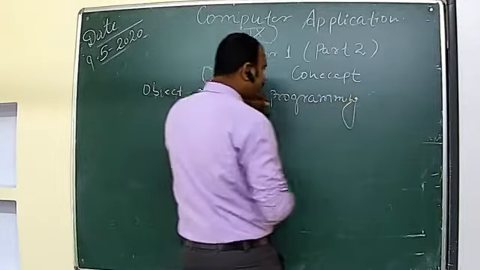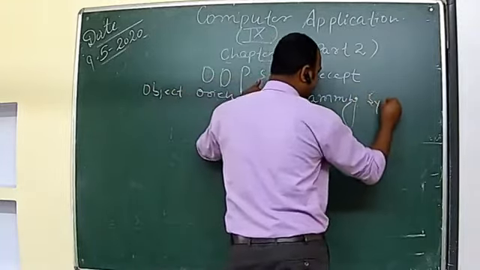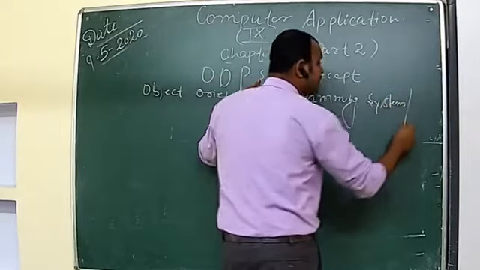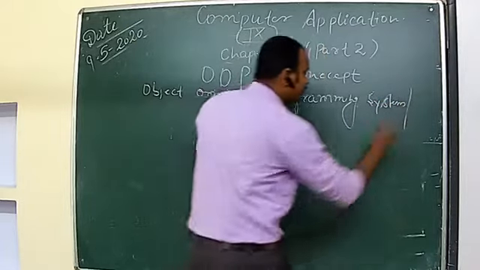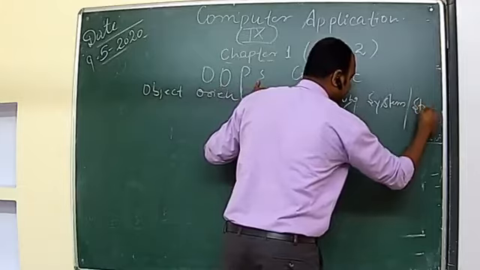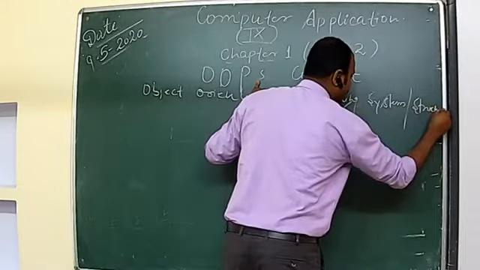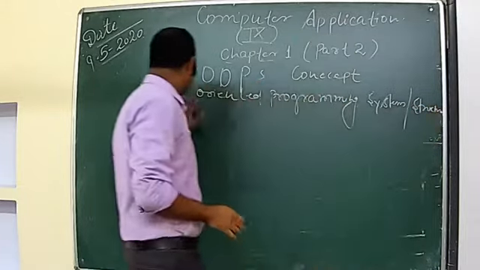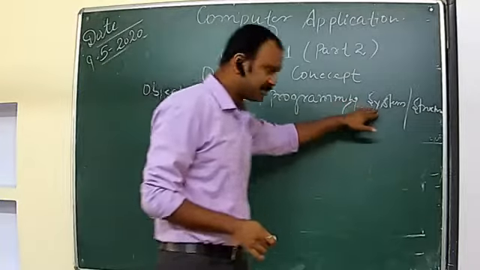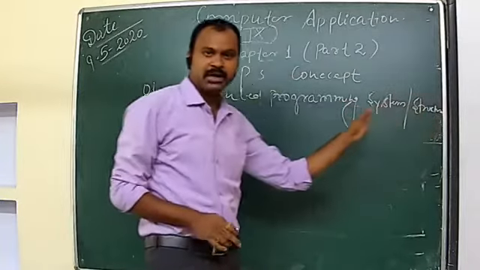S denotes system. Sometimes it is called structure also. So if you see somewhere object-oriented programming system or structure, don't confuse, both are the same, either system or structure.